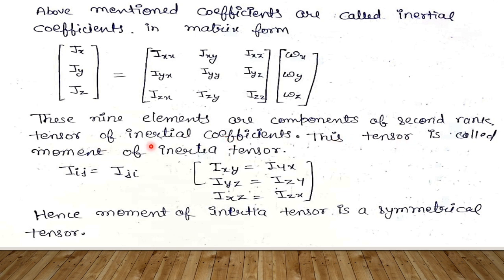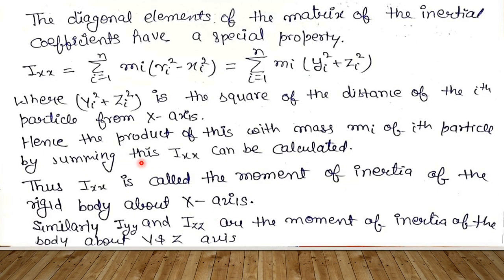This tensor is called the moment of inertia tensor, and it has the form Iij equals Iji, meaning Ixy equals Iyx, Iyz equals Izy, Ixz equals Izx. Hence, the moment of inertia tensor is a symmetrical tensor.